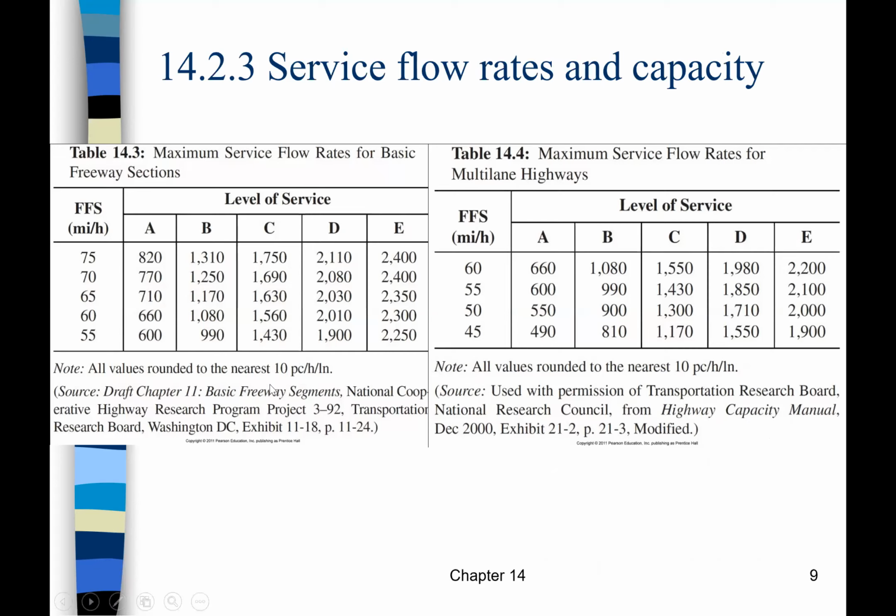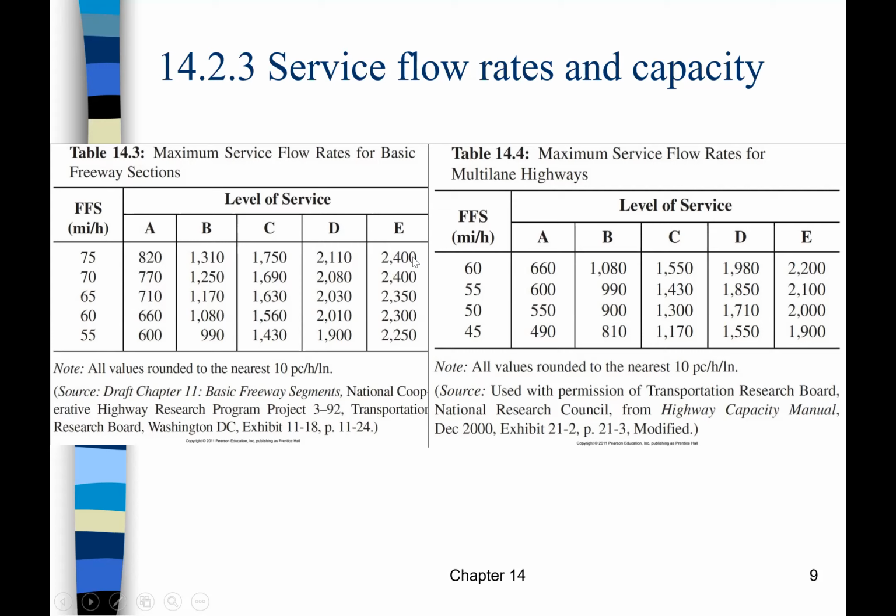This slide shows the differences between the maximum service flow rate for the basic freeway and the maximum service flow rate for multi-lane highways. With a free flow speed of 75 miles per hour, at level of service E you see 2,400 vehicles.